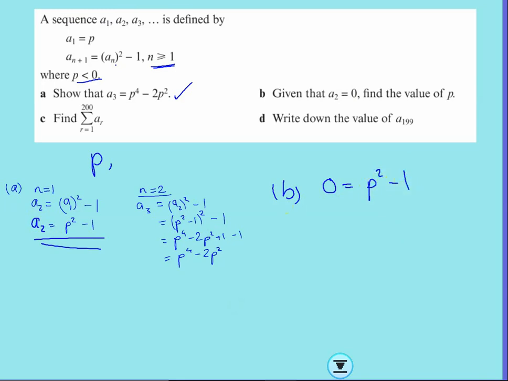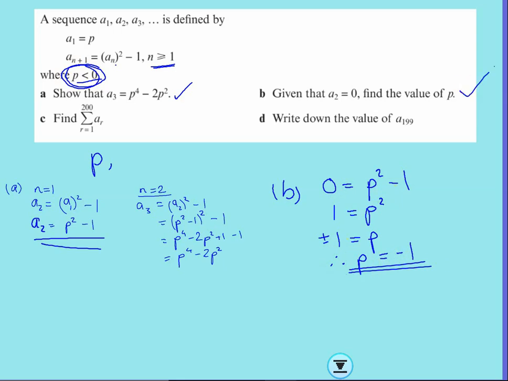Let's do it the other way, just so you're aware that you don't always have to use dots. If we add 1 to both sides, square root both sides, we're going to get plus or minus 1. And this is when you have to remember this bit of information over here. P must be less than 0, so therefore p equals minus 1. I'm just going to double underline that for later.